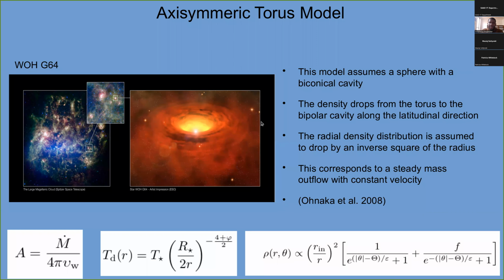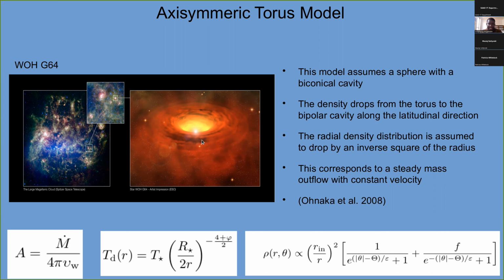So the idea here was to model the asymmetric torus model of SN 1987A, inspired by the paper by Ono 2008. This model assumes a sphere with a biconical cavity. The density drops from the torus to the bipolar cavity along the latitudinal direction. And the radial density distribution is assumed to be 1/r², which corresponds to a steady mass outflow with constant velocity.